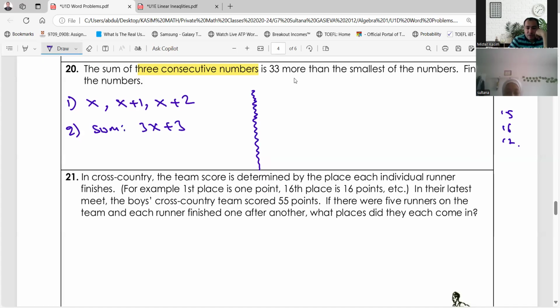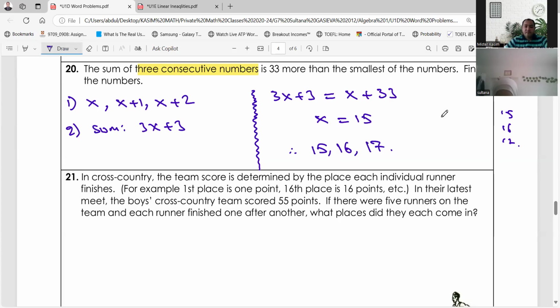The sum of three consecutive numbers, that is 3x plus 3, equals 33 more than the smallest of the numbers, right? The smallest is x plus 33. Did you write your equation like this? Very good. Then x is equal to 15. That's it. So that is 15, 16, and 17.